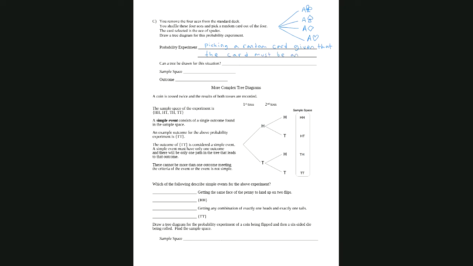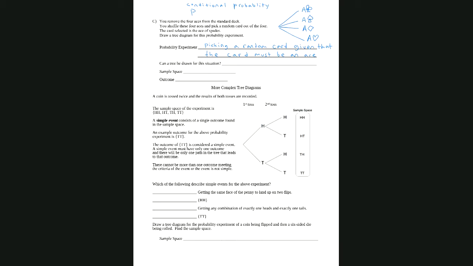What this describes is a new type of probability, a new type of idea. It's called conditional probability. And what it means is that we limit our sample space to only certain outcomes that meet a given criteria.